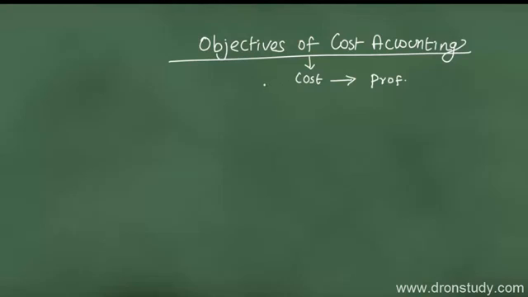And again, finding the cost would also help in cost control. That is, you can find out the areas where your cost is going up, which you can control, and it would ultimately lead to cost reduction. So the very objective of cost accounting is to contribute to the profitability. How can they contribute to the profitability? Through cost control and cost reduction.